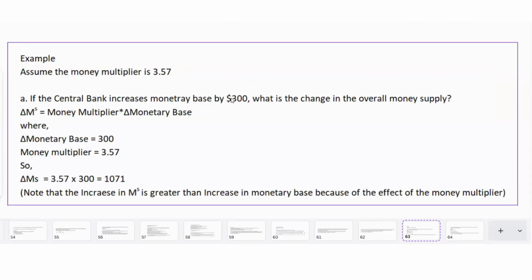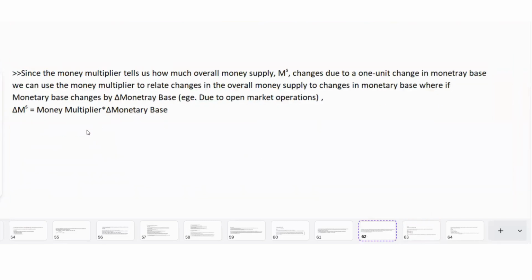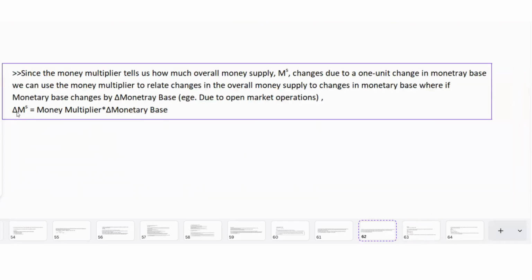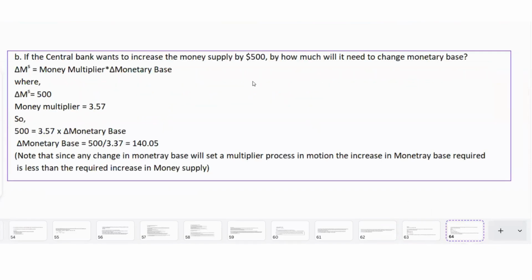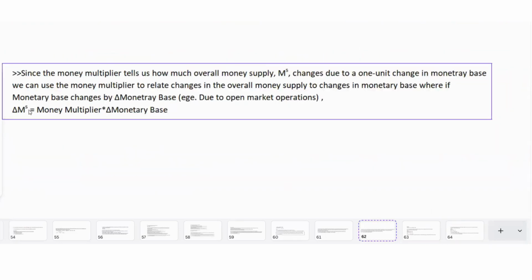Alternatively, we could be given the change in money supply and be asked to find the change in monetary base required to achieve it, like part B. We wanted to increase money supply by 500 and see what change in monetary base will help us achieve that. The key equation to remember is this: change in money supply is money multiplier times change in monetary base.